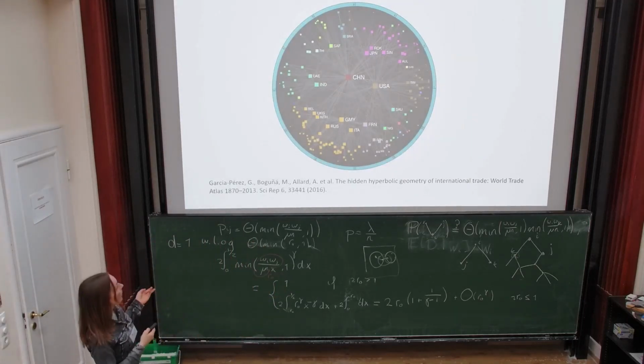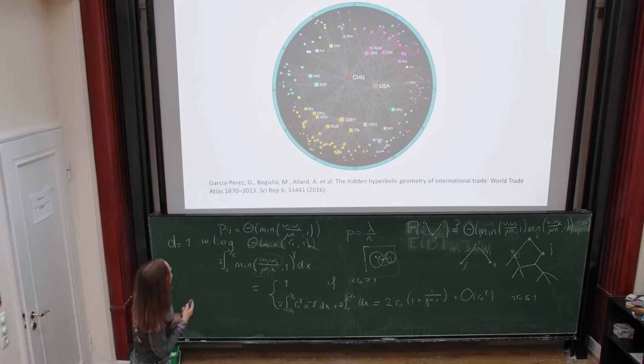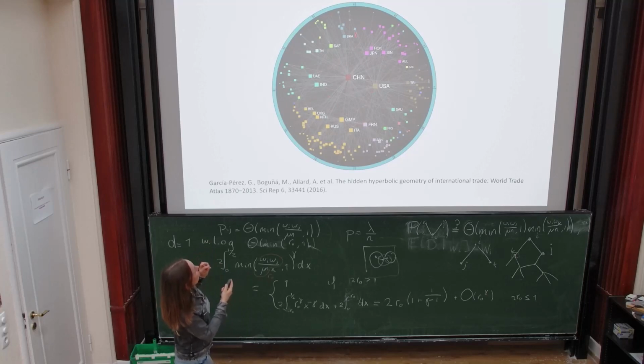Another example is this trade network, which tells you how much trade there is, for example, between China and the USA. I think this is Germany. It has something to do with the location, because here we have all the European countries, here more the Baltic, and here more the Asian countries.